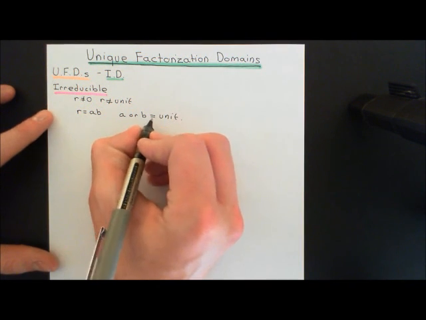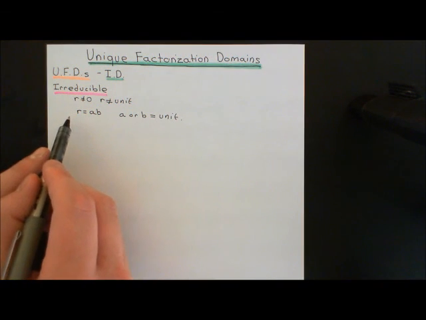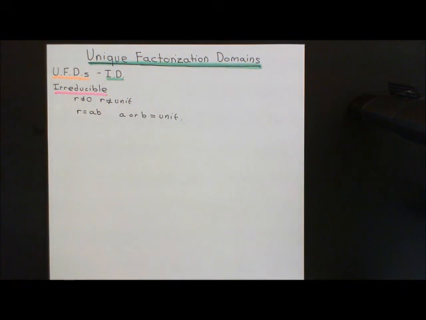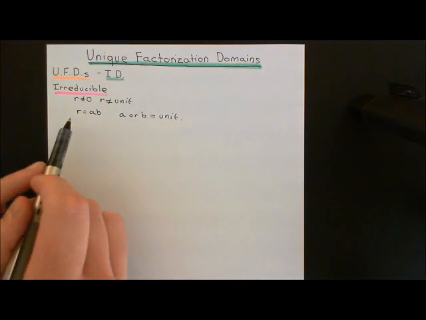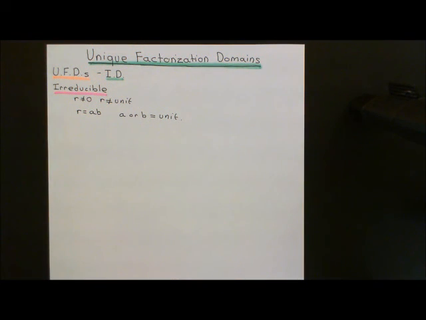The other element must then just be an associate of r, a unit multiplied by r, or something of that form. So there are only these trivial products that give rise to r in the commutative ring if it's going to be called irreducible: products of a unit with an associate element of r. That's what is meant by being irreducible, that you can only be formed by trivial products.